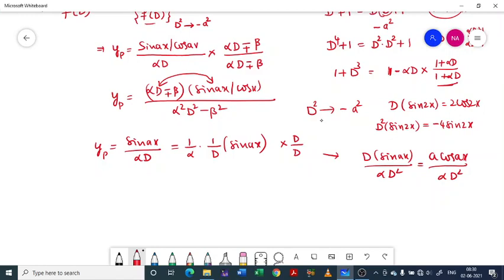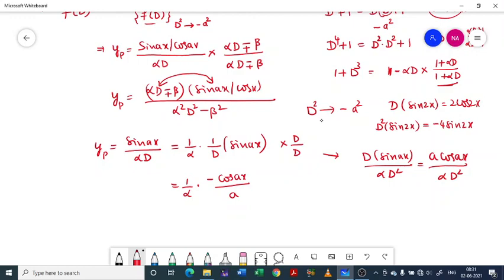Another way is 1 by alpha into integrate sin ax. You get minus cos ax divided by a.